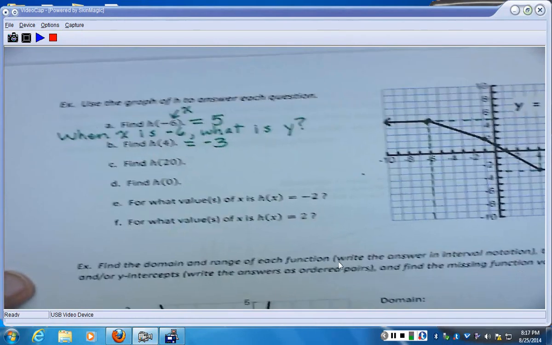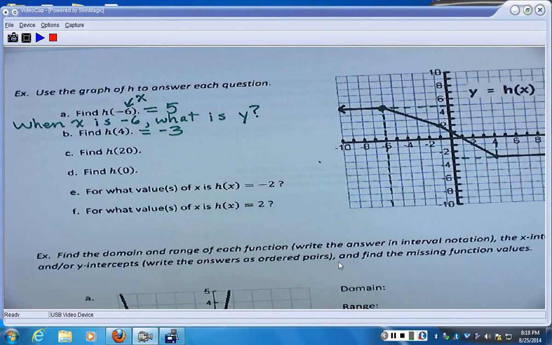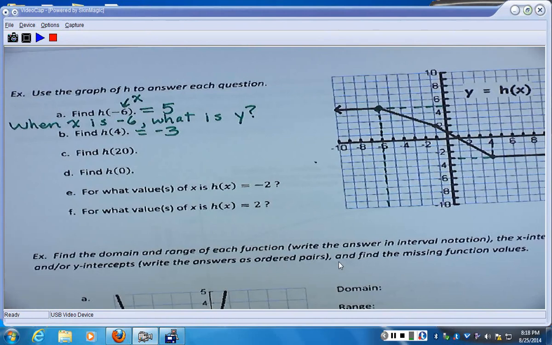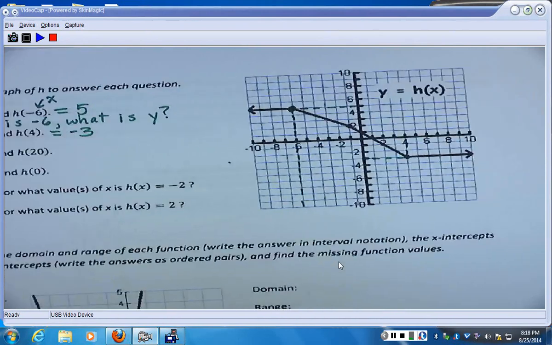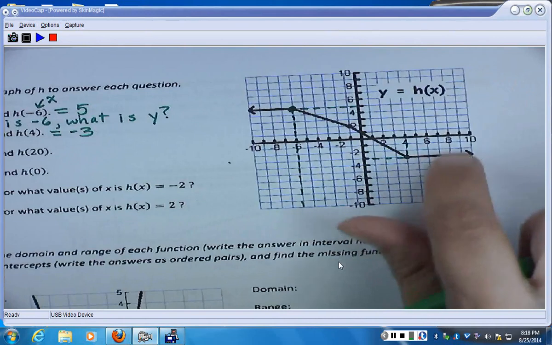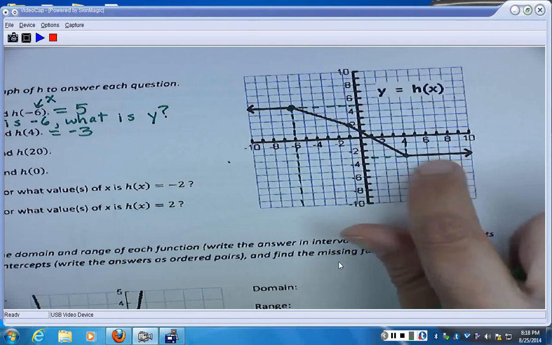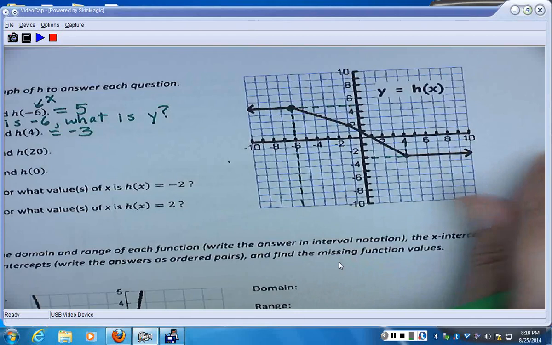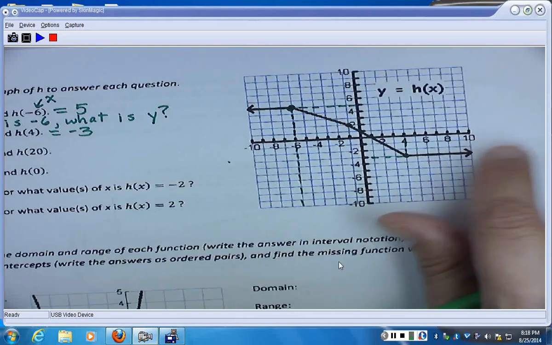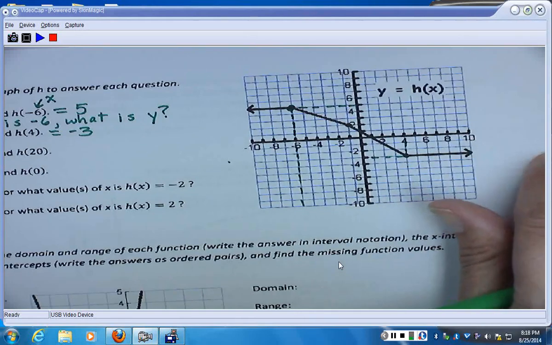All right, what's h of 20? So when x is 20, what's y? Probably -3. Yep. Well, see, this arrow means it continues as it was, so it's constant all the way out. So at 20, it's going to be -3.